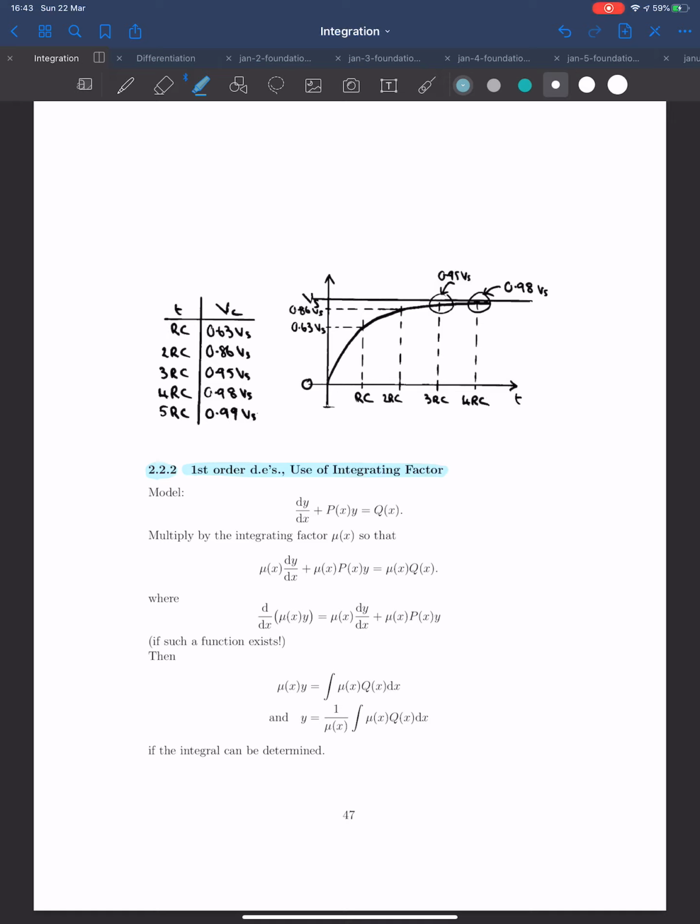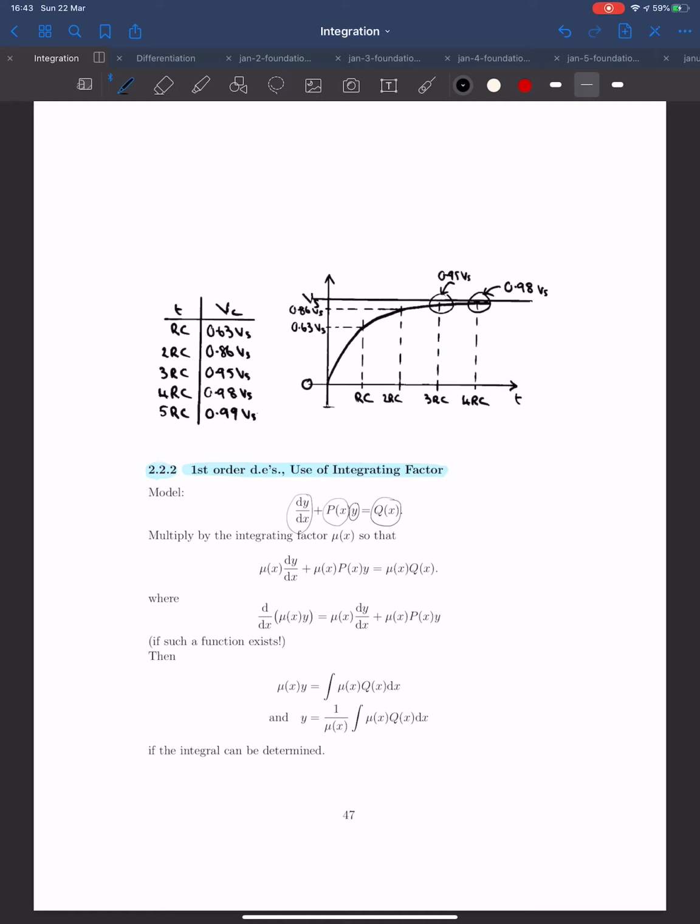If we've got this, the integrating factor method is used when we need to solve differential equations. You've got the dy by dx there, a function of x times y there, and a function of x on that side.